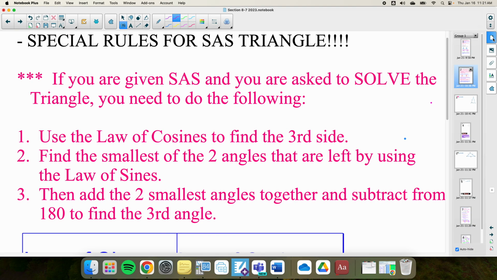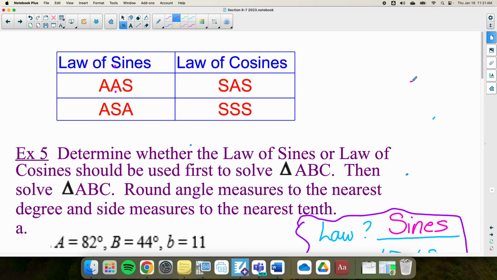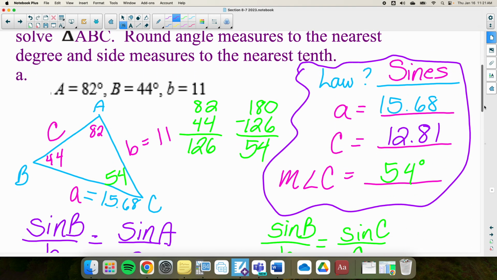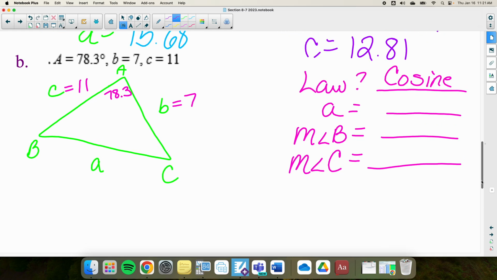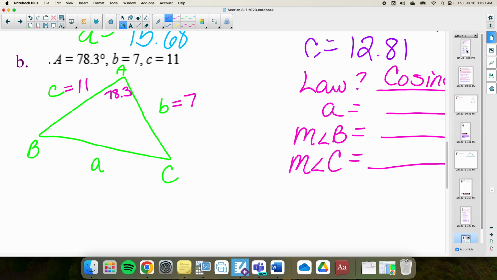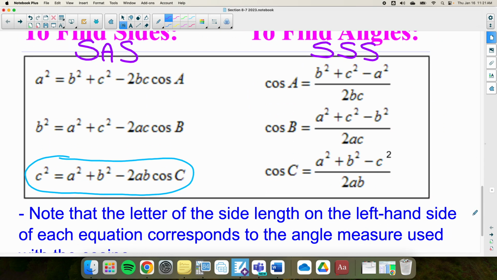So I'm going to find the third side, which is little a. If I go back to that first page, you have this formula on your cheat sheet. Little a is this formula right here. So that is what we're going to use.